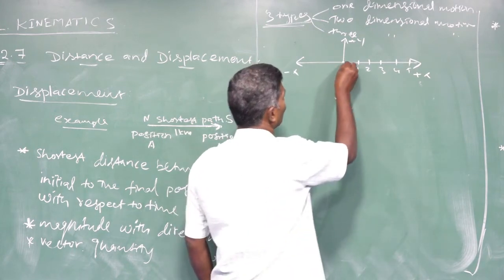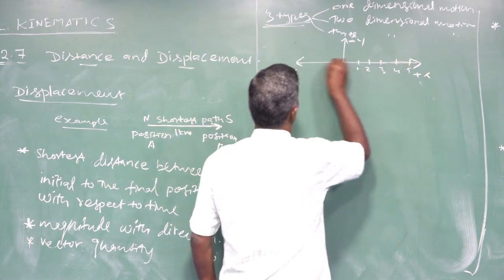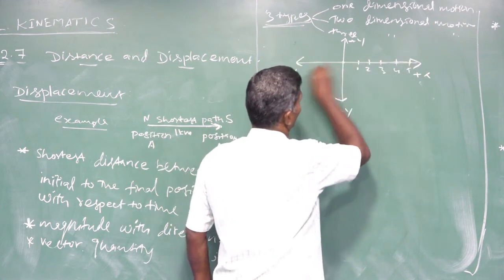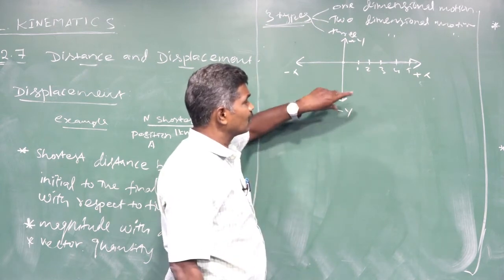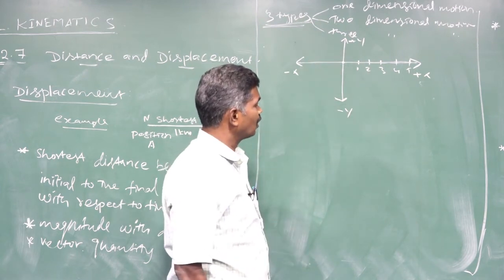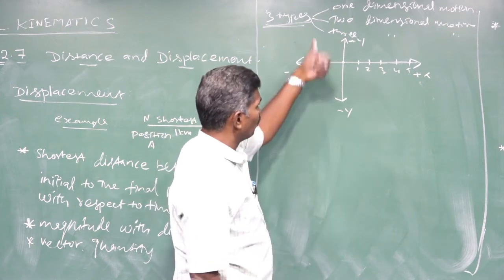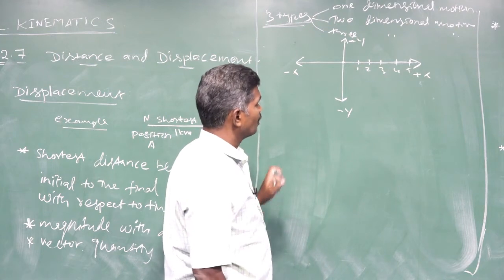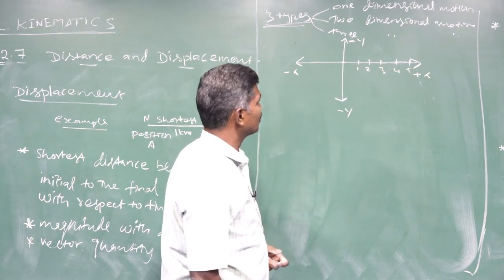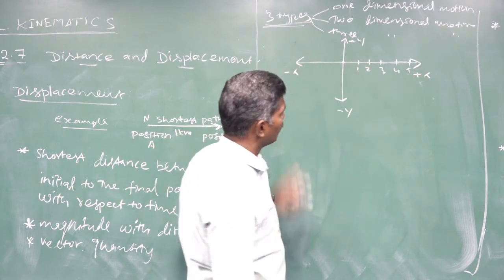If a man is moving along this path only, along the x-axis, the x component alone varies. If it is three-dimensional, the y-axis and z-axis values remain constant, so the particle moves in a one-dimensional manner.